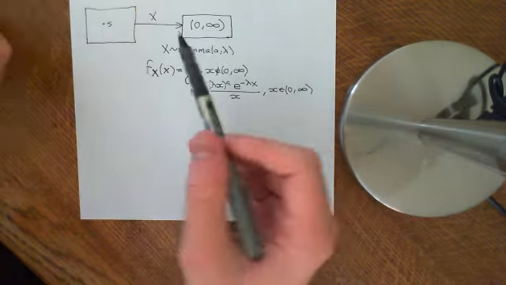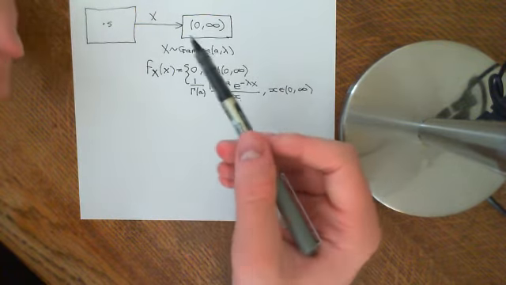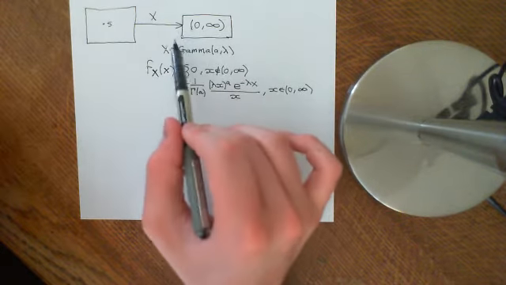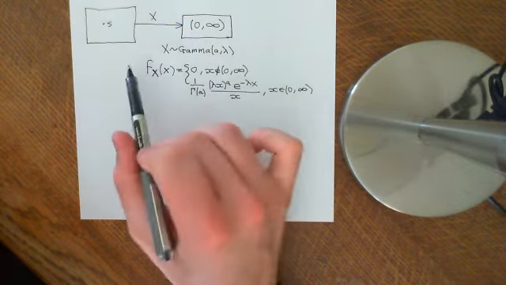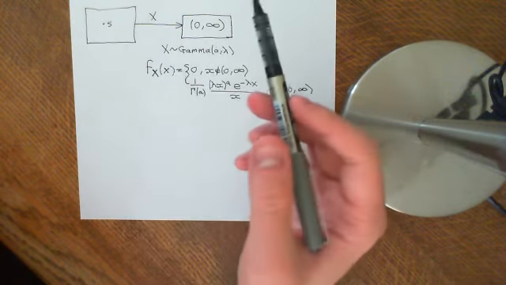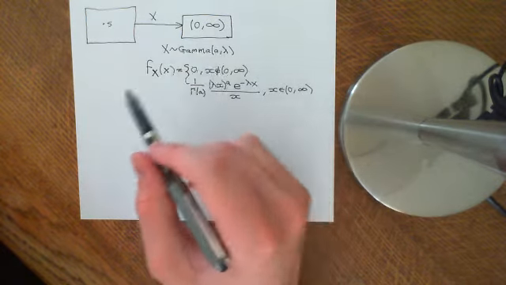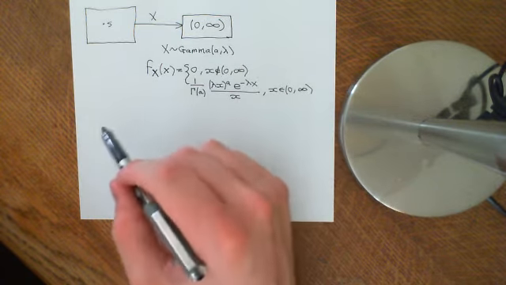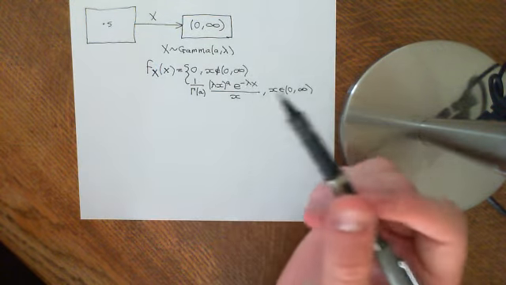So that's what the probability distribution is, and there are many ways of representing it. If you've got a discrete random variable, we've seen that the probability mass function is a good way of representing it. In the case of a continuous random variable, which this one certainly is, the probability density function is a good way of representing it. Similarly, you have the cumulative distribution function, which is a good representation for both discrete and continuous random variables, and another one is the moment generating function, which again works for both.